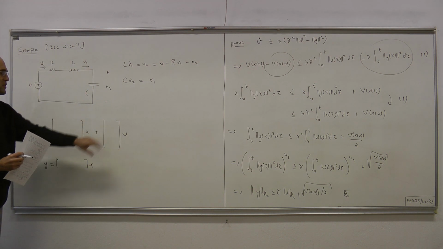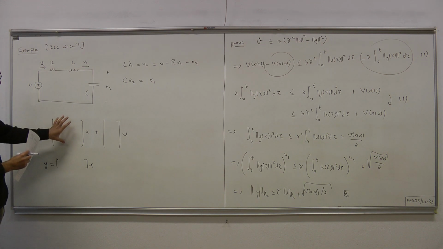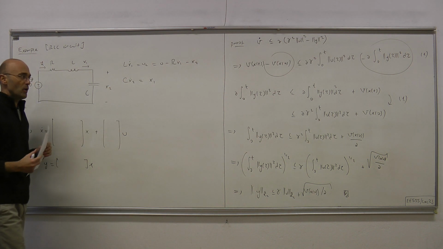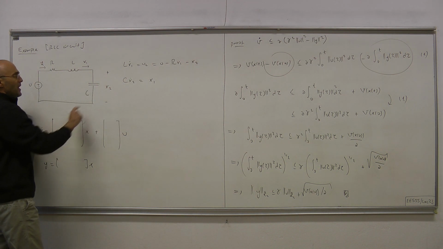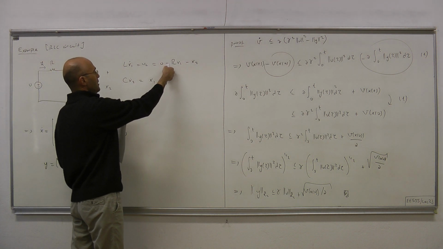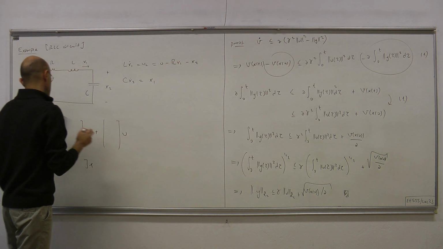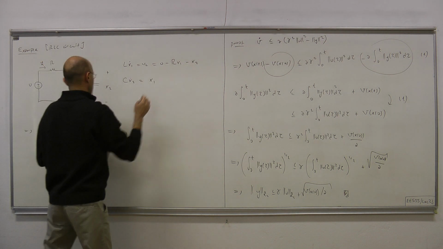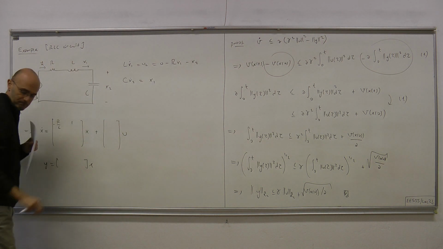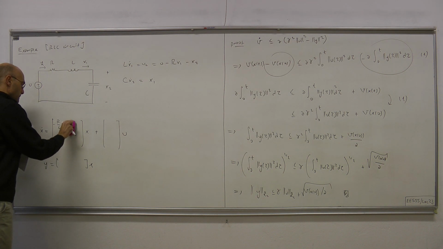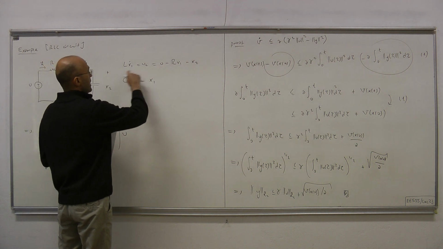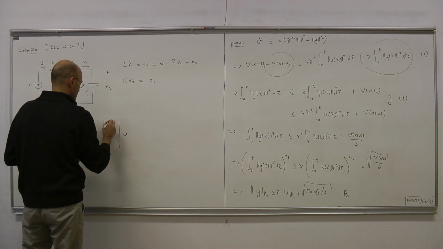So what's the A matrix, what's the B matrix, and what's the C matrix? Let's figure out the entries of the A and B matrices. For that, we look at the equations. So what's x1 dot? x1 dot is minus R over L x1, minus 1 over L x2, plus 1 over L u.